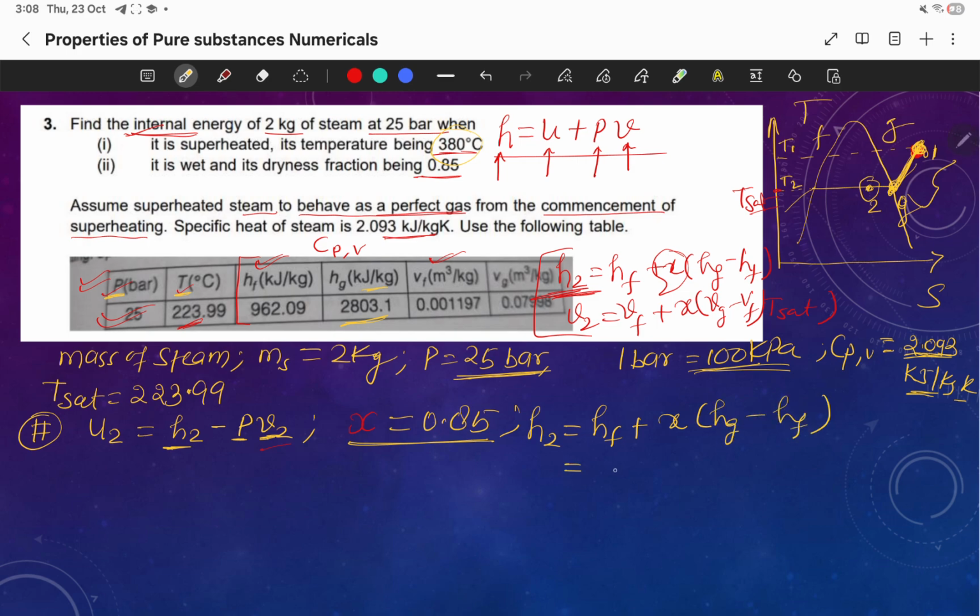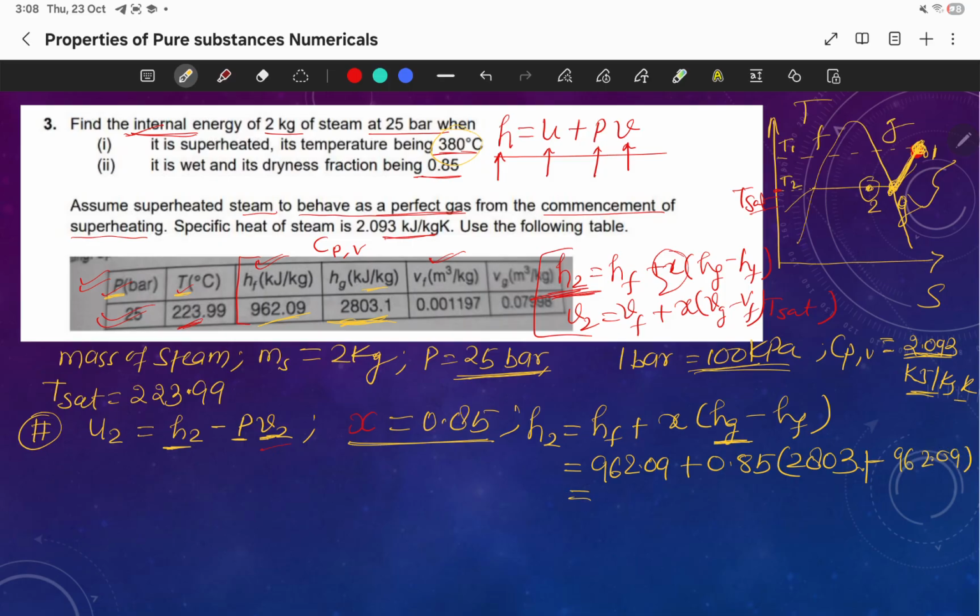Okay, what is the value of hf? hf, see from this figure, this is 962.09, x is 0.85. hg minus hf is 2803. hg is given here, 2803.1 minus 962.09.